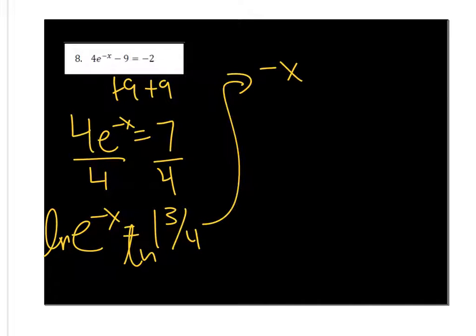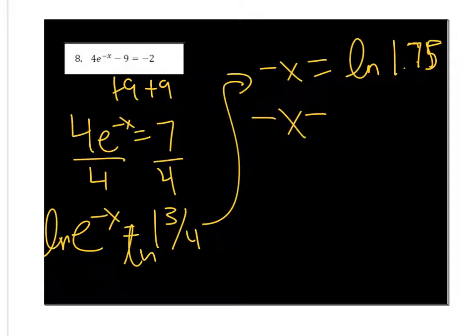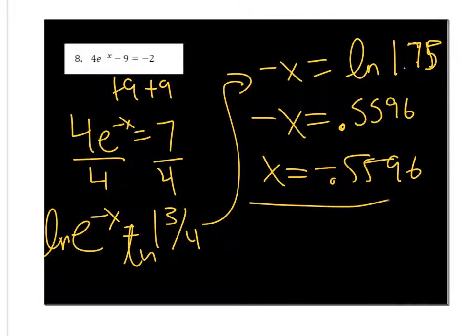So I'm going to have negative x equals the natural log of 1.75. So negative x equals 0.5596. So x is going to equal negative 0.5596. There's my answer.